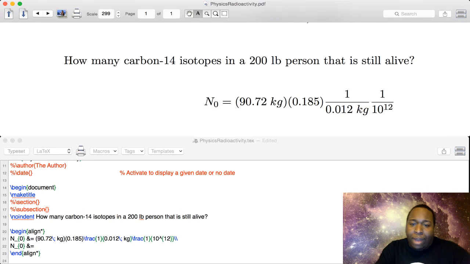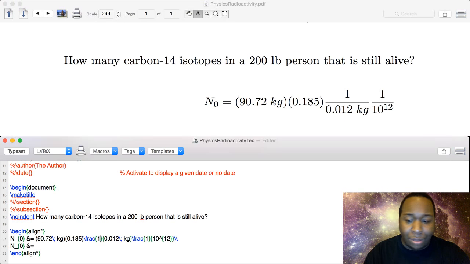You know what? Now I realize something. What I'm doing wrong here. I didn't actually put this right. That first ratio, the 1/0.012 kilograms, I need to use Avogadro's number. For every 12 grams of carbon, there's Avogadro's number of atoms of it.